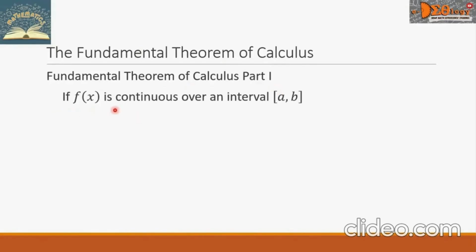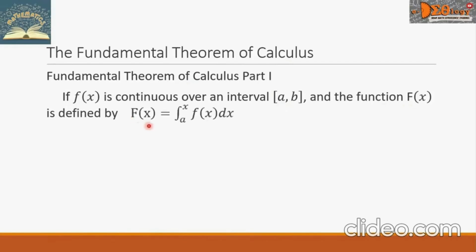If f of x is continuous over the closed interval from a to b, and the function capital F of x is defined by capital F of x equals the integral from a to x of f of x dx, then capital F prime of x equals small f of x over the closed interval from a to b.